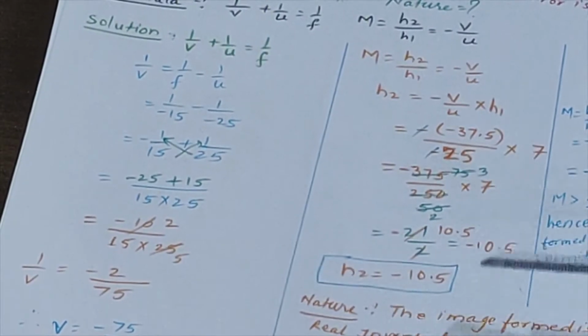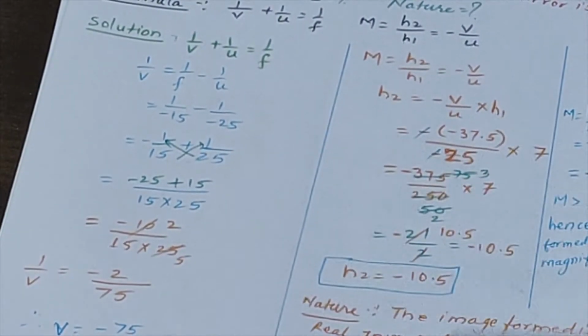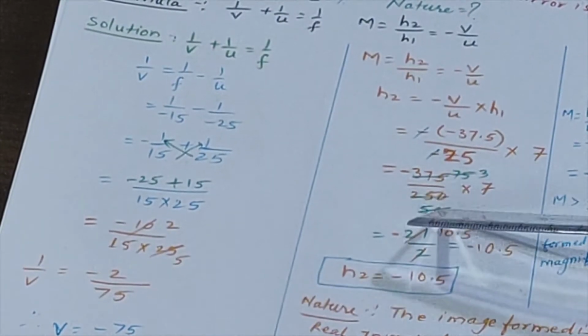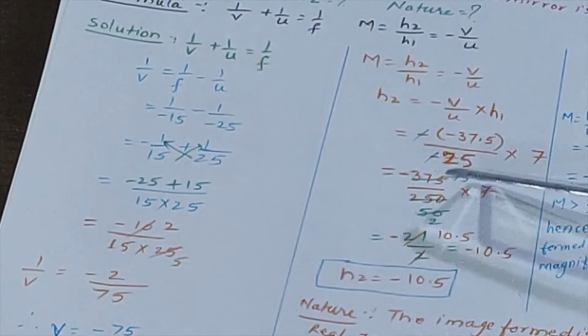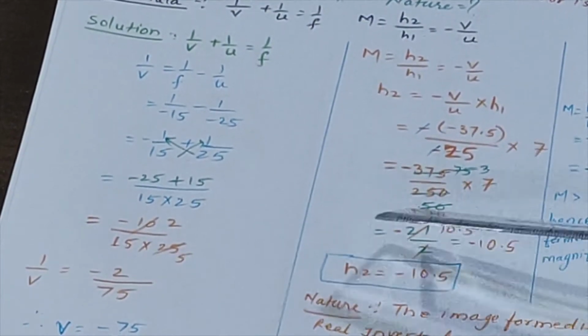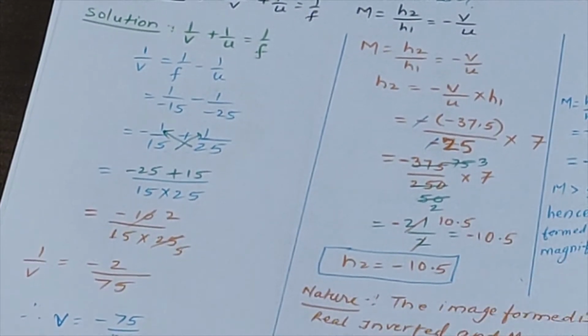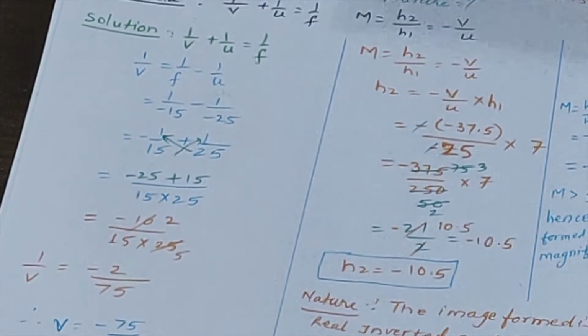I divide that by 5, so I get 75 on top and 50 down. If I divide by 25, 25 twos are 50, 25 threes are 75. So 7 threes are 21. So it's minus 21 upon 2, and if I divide this also, I get minus 10.5.